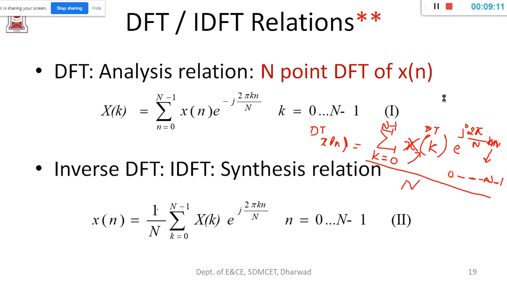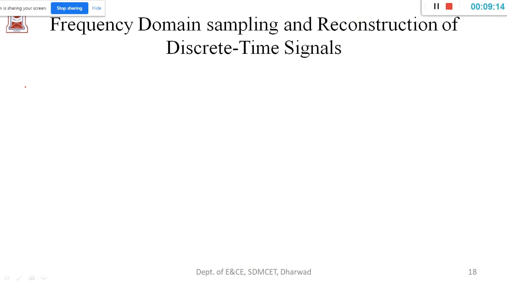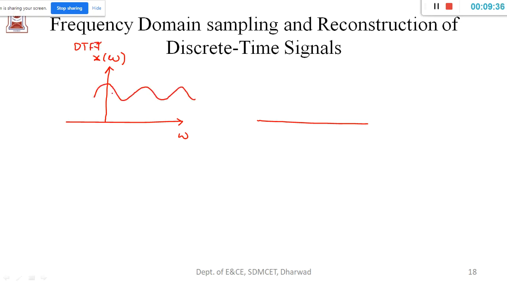Okay, if you are not able to understand, I'll just write here. Look at this, guys, this is a very important point. Unless you understand this, you may not be able to understand why x of k is going to be a discretized signal. So this is our x of omega. What is this x of omega? The DTFT signal. You know that the DTFT signal is continuous, right?